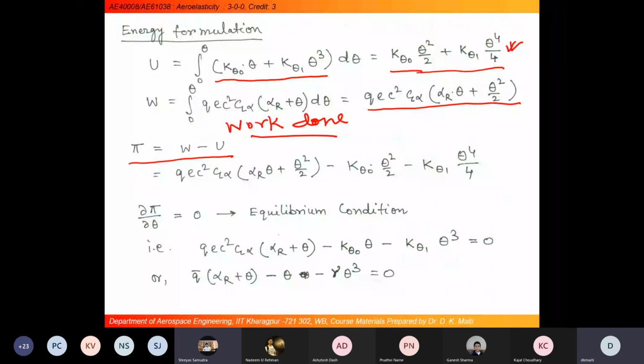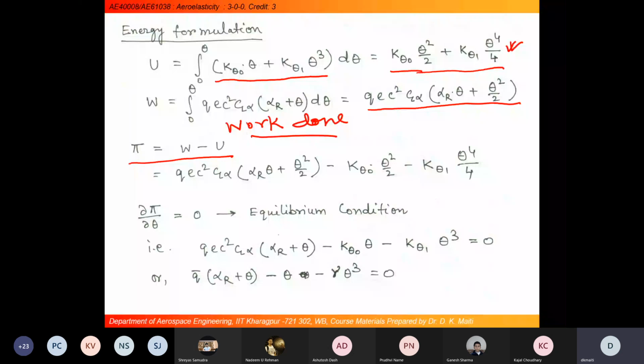Okay. So anyway, we are calculating the total potential energy, W minus U. In this case, I have taken W minus U, that means the work done by the aerodynamic force minus the potential energy stored in the system that we have considered.